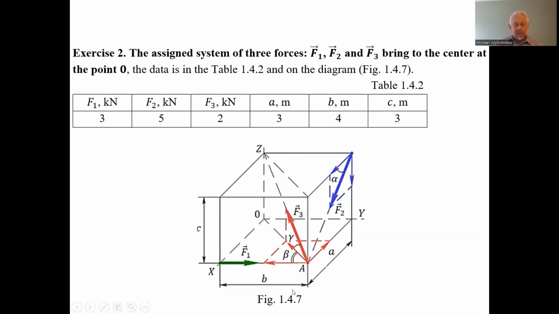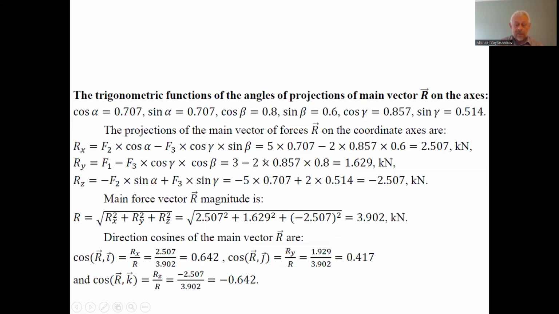And the sine of gamma is found when we divide Z0 by the length of this diagonal. So we found the cosine gamma and sine gamma too.